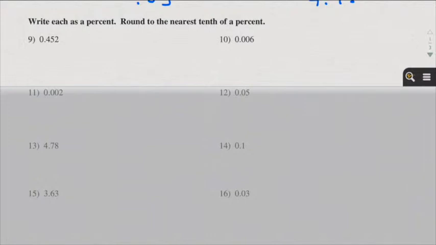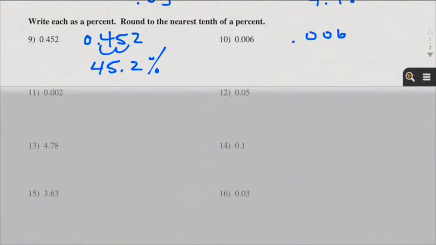So let's start with our number 0.452. We move that decimal over 1, 2. We end up getting 45.2, and you have to add that percent. Number 10, 0.006, move the decimal over 1, 2, we end up getting 0.6%.